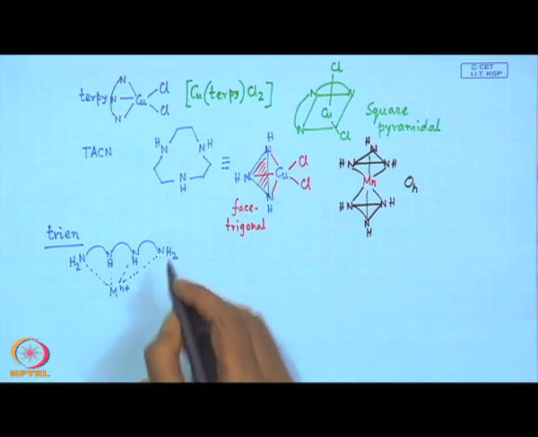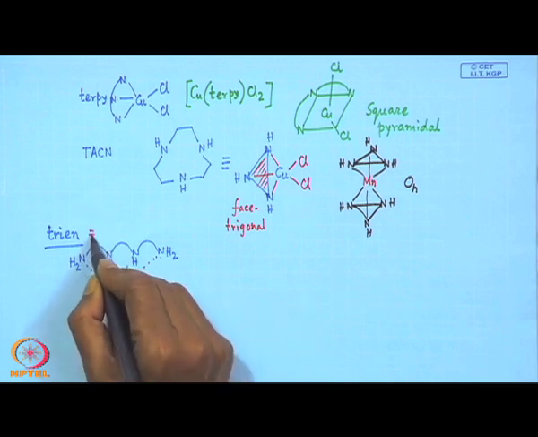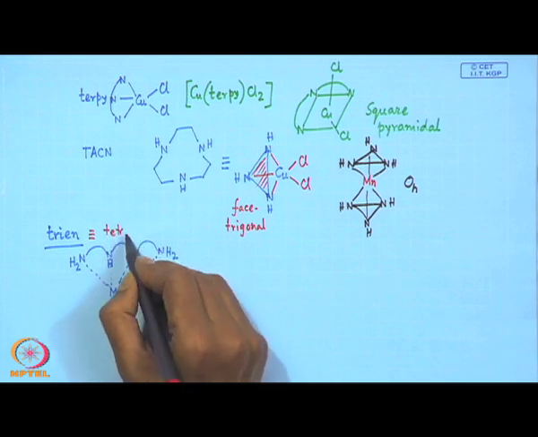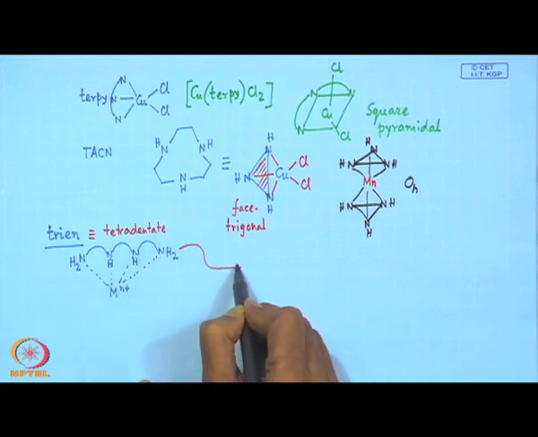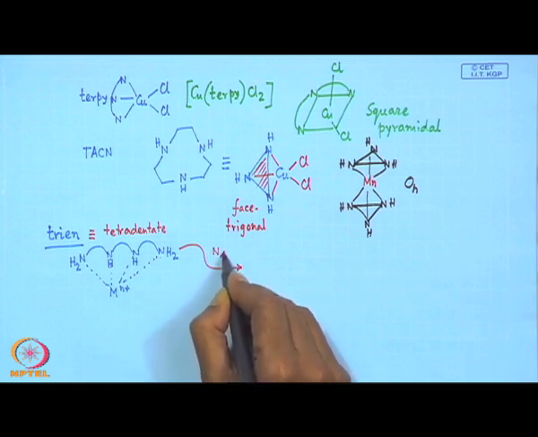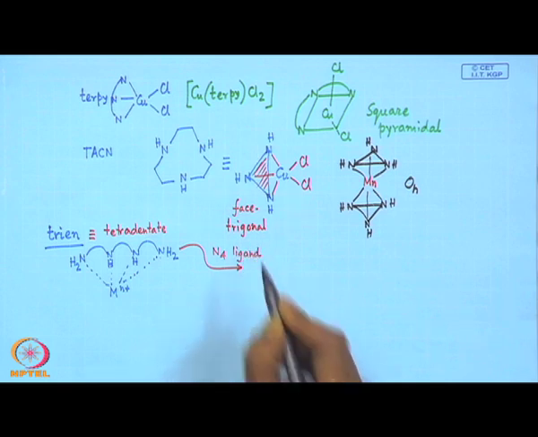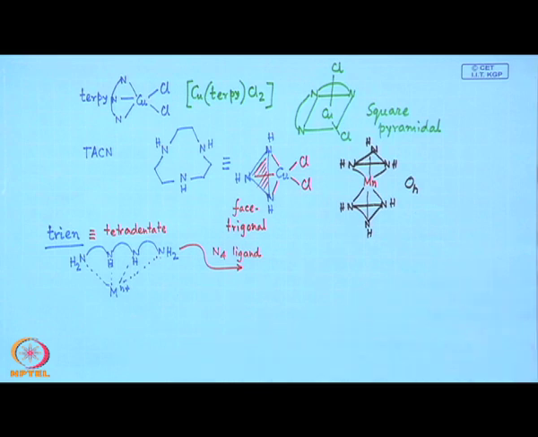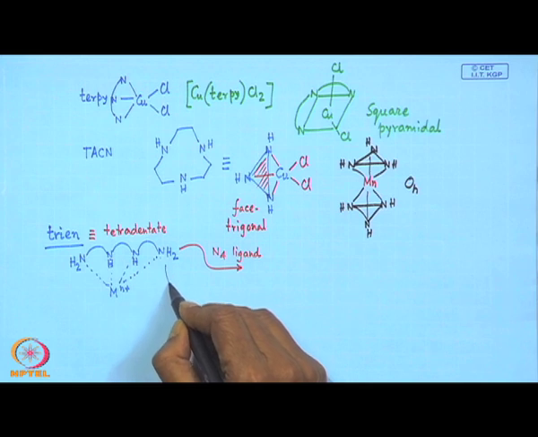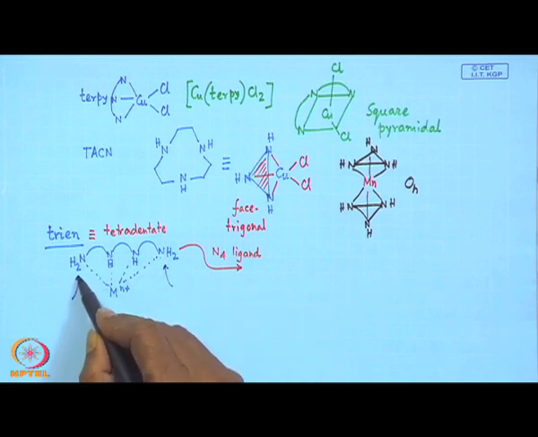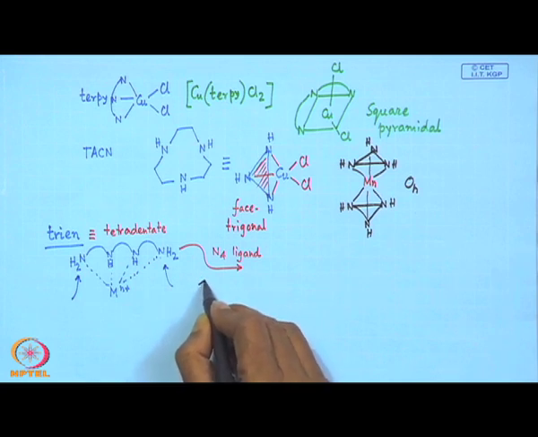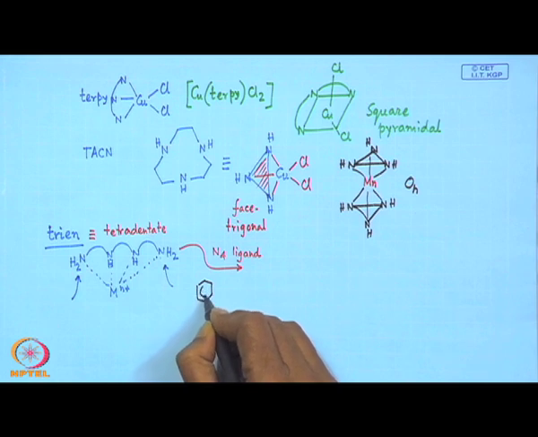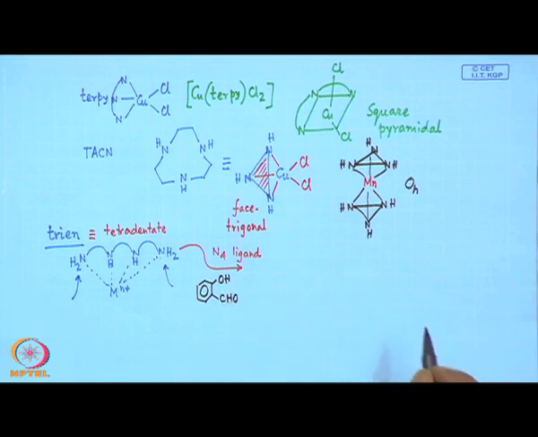So, in a very simple way we get the corresponding triene, which is tetradentate, and this one is the N4 ligand, and this N4 ligand can be further derivatized because we have the NH2 at the 2 ends of the backbone, and these NH2 ends are very well known for the formation of Schiff bases with, say, 2-hydroxy benzaldehyde or salicylaldehyde.